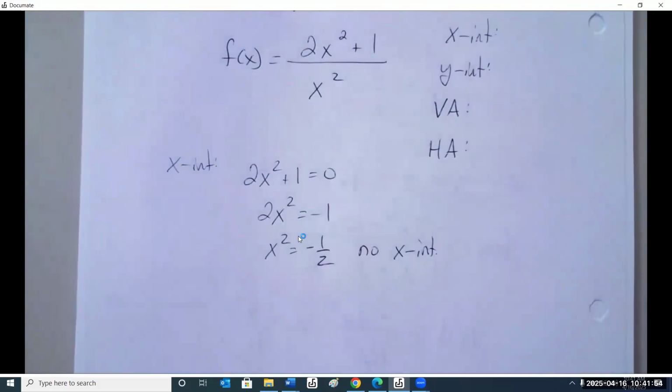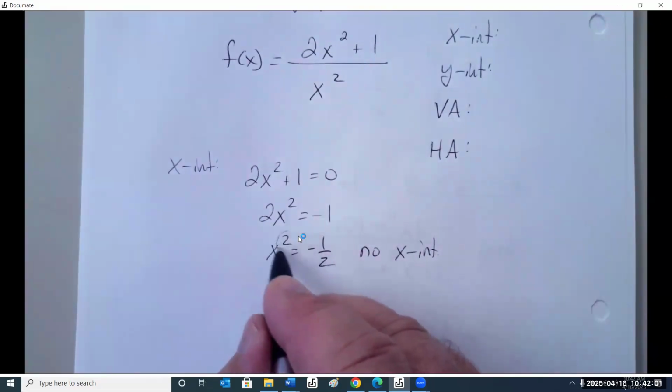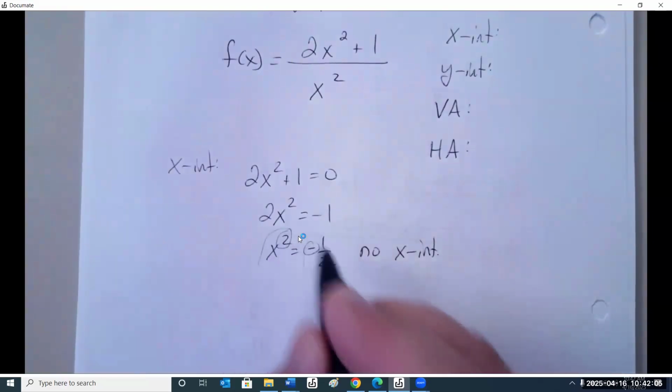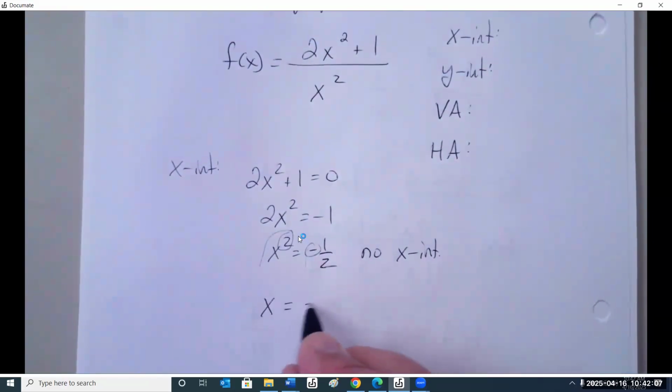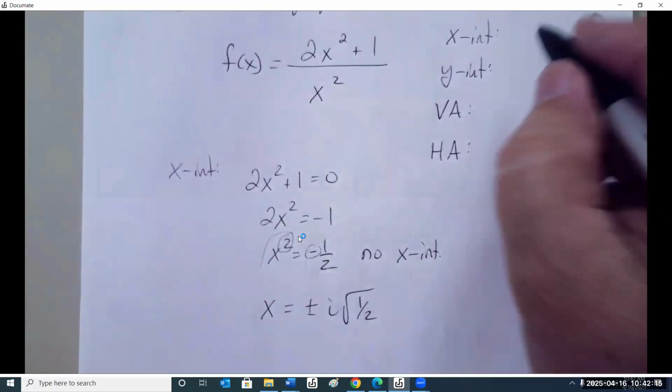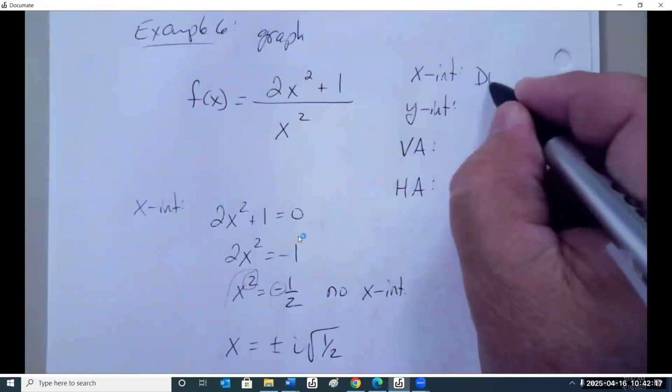How do I know I have no x-intercepts? Anything squared can never be negative. If I square rooted both sides, then I would have an imaginary number. That's the reason there's no x-intercepts. So this one does not exist.